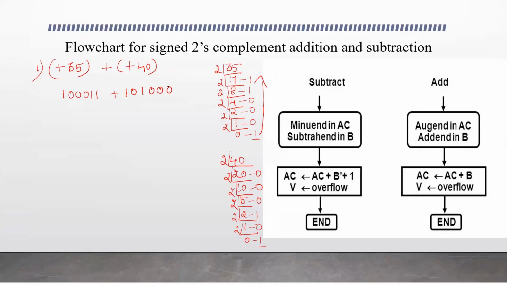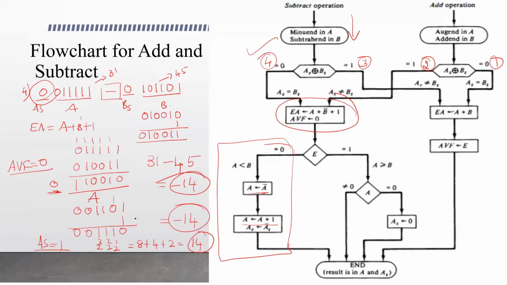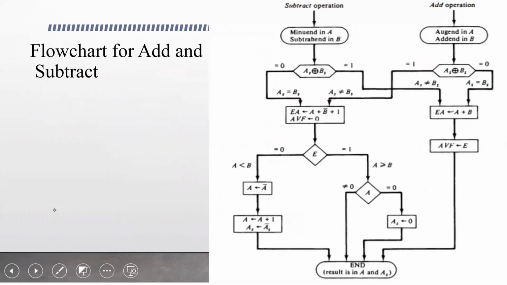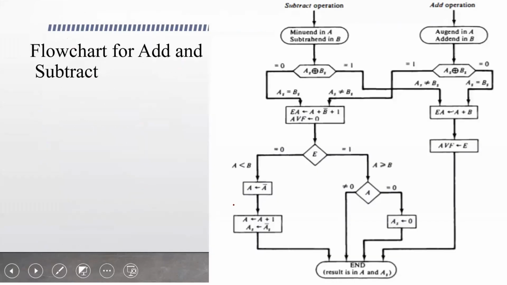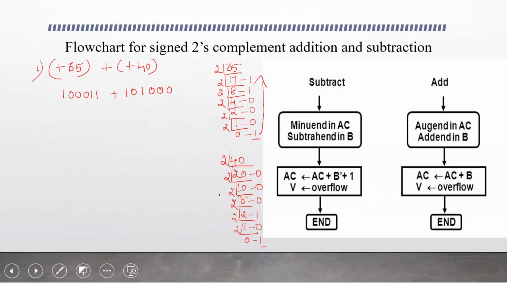This is 40. Now the question is to use 7 bits to accommodate each number together with its sign. Here we have 6 bits, so we take the sign bit as 0, since it is plus 35, and this is 0.